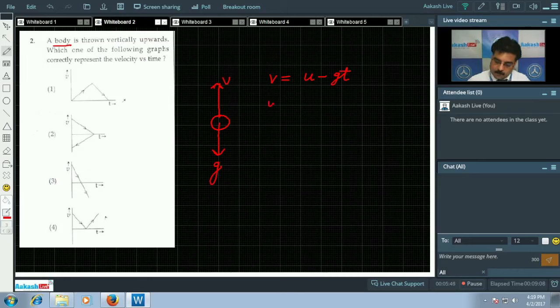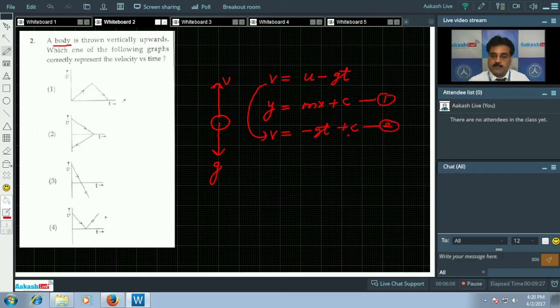If I compare this equation with the equation of a straight line like mx plus c, right? So if I rearrange the equation, we can write minus gt plus u. If I consider this is my equation number 1 and this is my equation number 2, and I compare these two, we'll get the slope of the graph is equal to minus g, and the value of c is u, right?